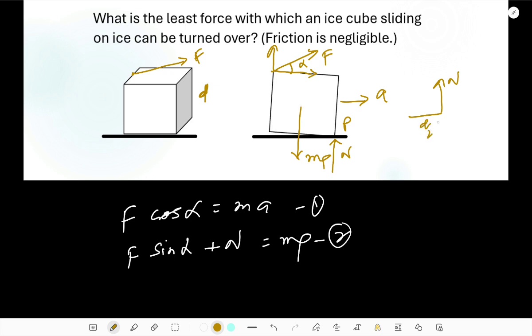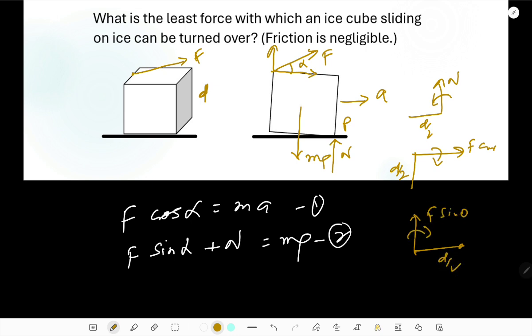With its moment arm d by 2, it is creating a torque in anti-clockwise direction. And F cos alpha is creating the torque with a moment arm again d by 2. It's creating a clockwise torque. And F sin alpha, about its center of mass, is also creating a clockwise torque.